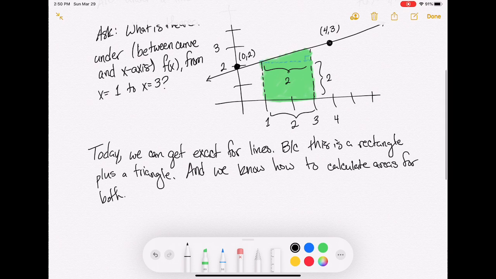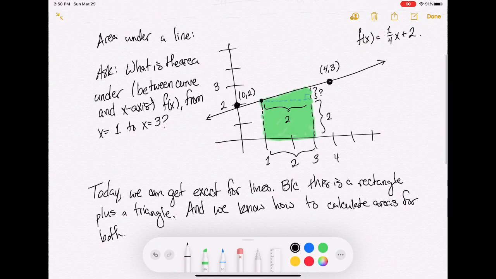And we don't quite know the height of this triangle, but we can find it out just by looking at the points here. So the point on the corner, I can find that out from the function. This is the point 1, and then it's 2 plus a quarter, and I'm going to call that 9/4.